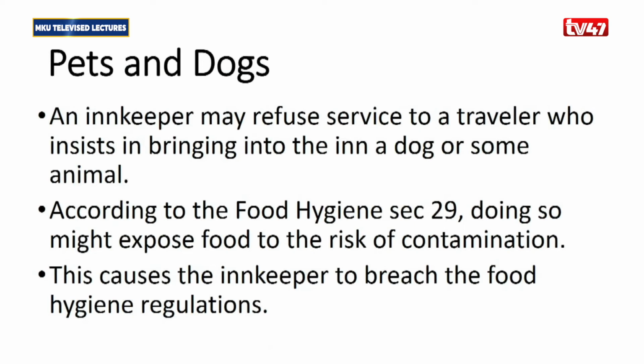They should not, and if they do, then they may not be allowed to enter or to be served, because the law does not require this, and by doing that, they might expose food hygiene, which means they might bring some contamination to the food that is being served.